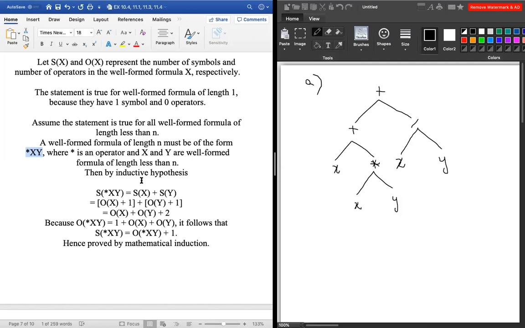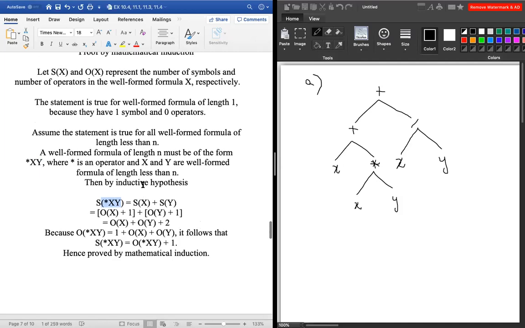By inductive hypothesis, the number of symbols in this formula is S of x plus S of y, and then we apply the definition that the number of symbols in a formula is exactly one more than the number of operators in that formula.